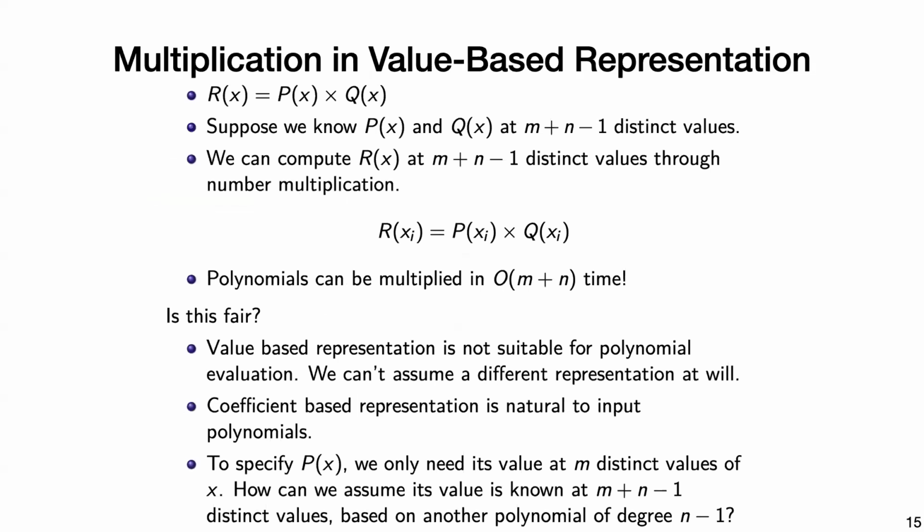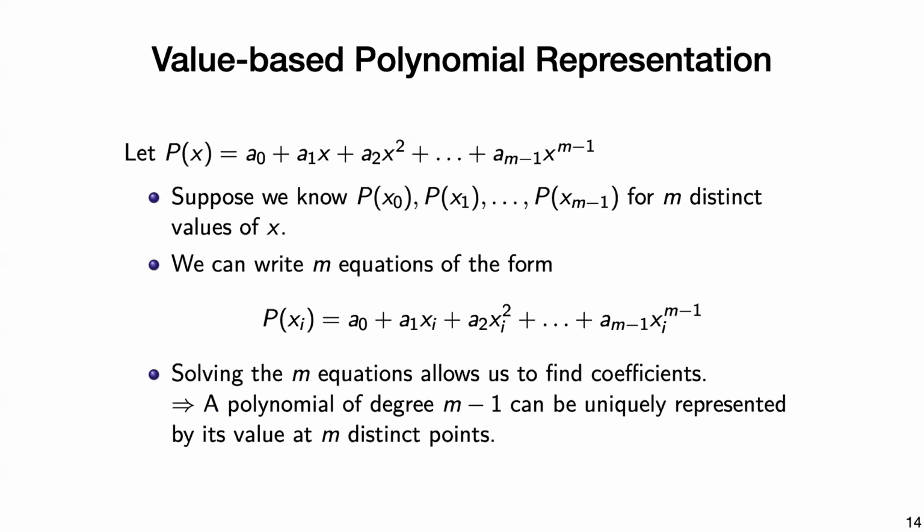So in value representation, we're coming back to this problem of multiplying two polynomials, p and q, and we want r. And suppose that we know p and q at m plus n minus 1 distinct values. Remember that if you have degree m minus 1, you need one more point than that.